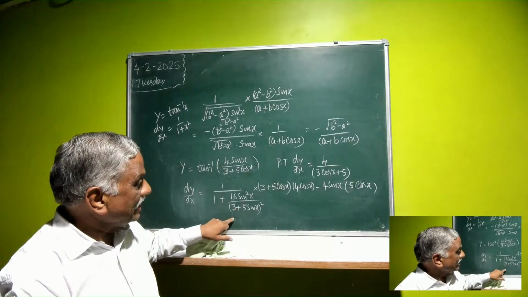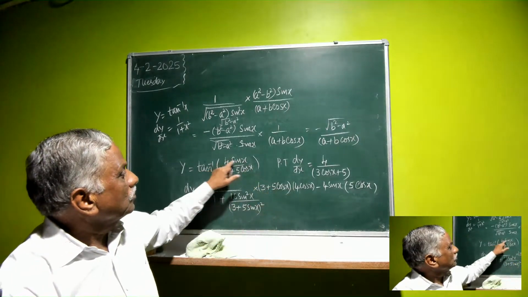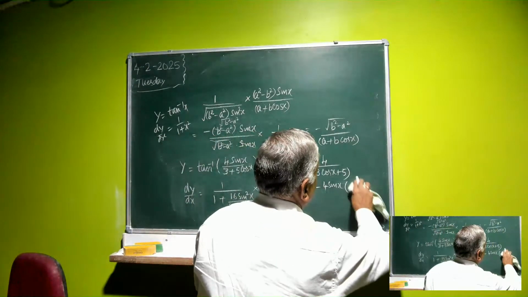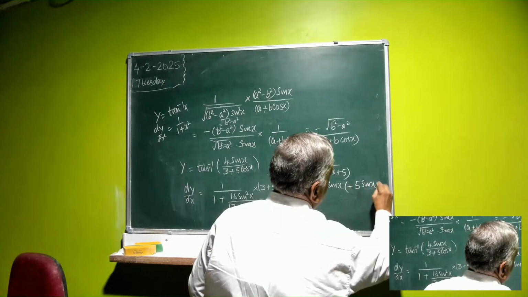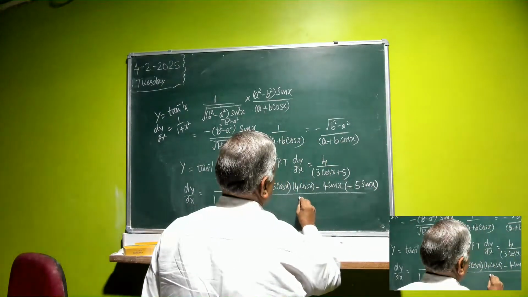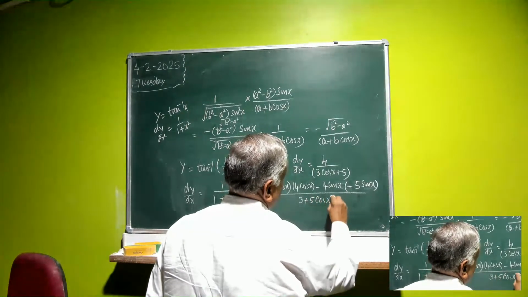Now, first differentiate tan inverse. Keep the denominator, differentiate the numerator. Keep the numerator, differentiate the denominator. You get 5 cos x, minus 5 sin x, divided by 3 plus 5 cos x whole square.